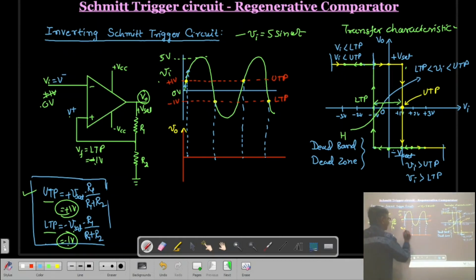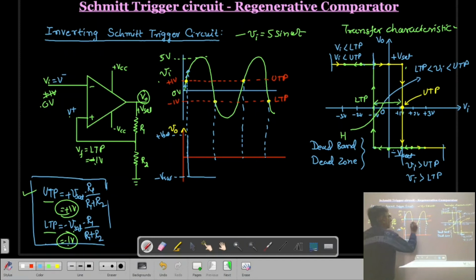So if you draw the output, this is plus V saturation, this is minus V saturation, and it changes in this way. Now for all these values of the input voltage, the input voltage is greater than the UTP, so the output will remain at minus V saturation.